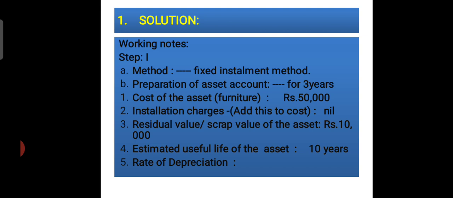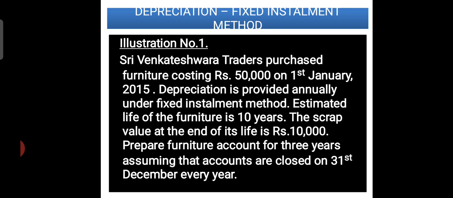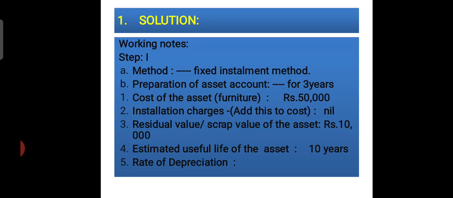So 3 years. In the last paragraph it is clearly given, prepare furniture account for 3 years, assuming that accounts are closed on 31st December every year. So here we need to prepare asset account for 3 years. This is the B point.